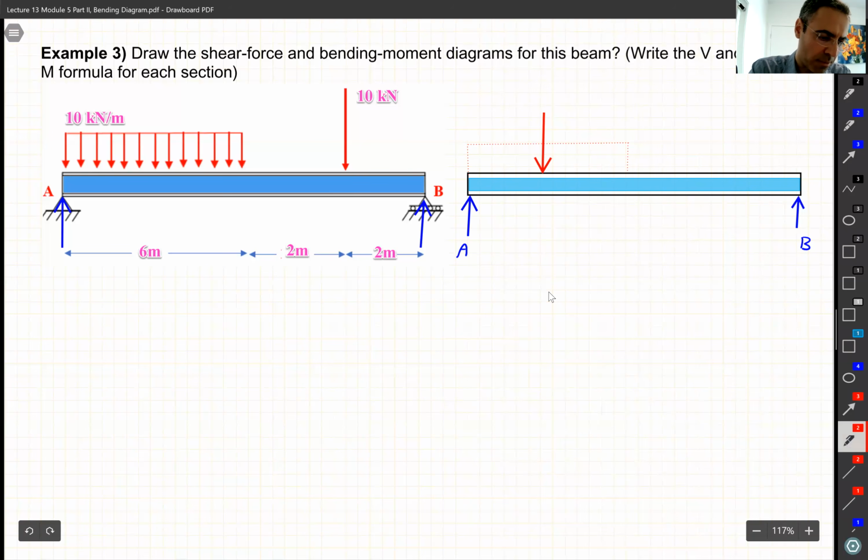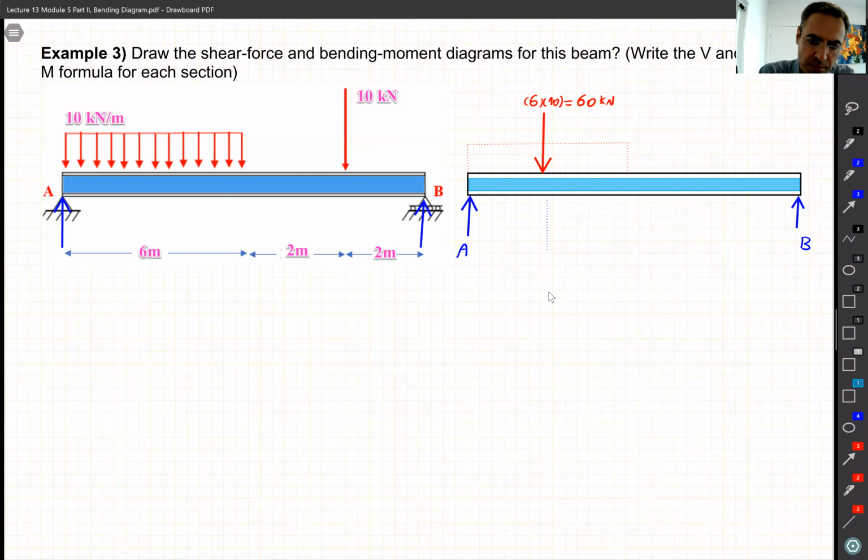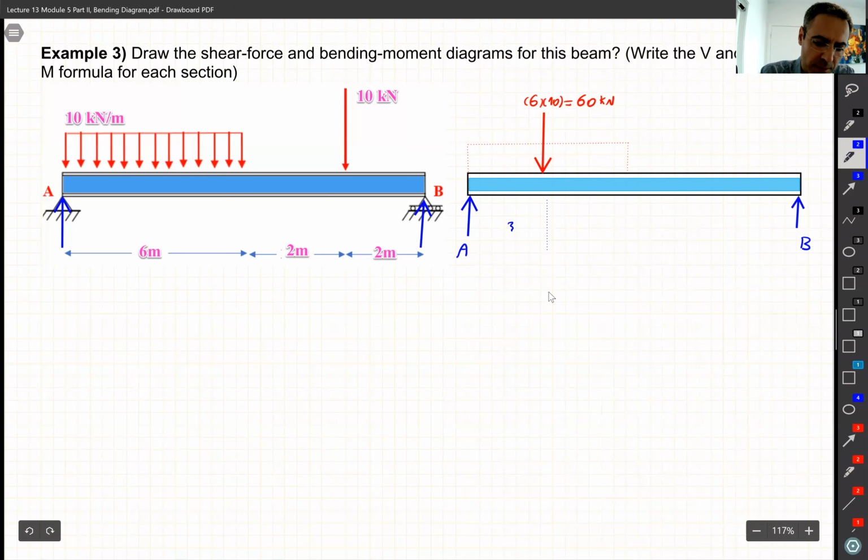And the number is going to be 10 multiplied by 6, right? 6 multiplied by 10 gives me 60. Let's keep all the units in kilonewtons, and everything's in meters. And don't forget the distance. Right here it's going to be 3 meters. Okay, that's for that.